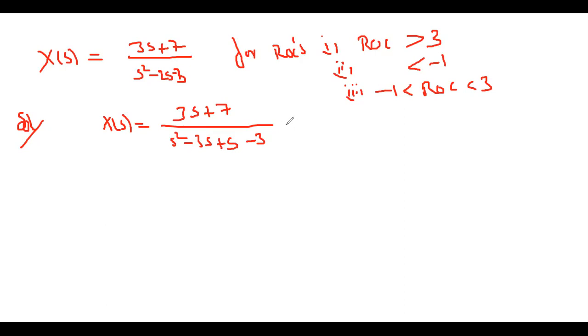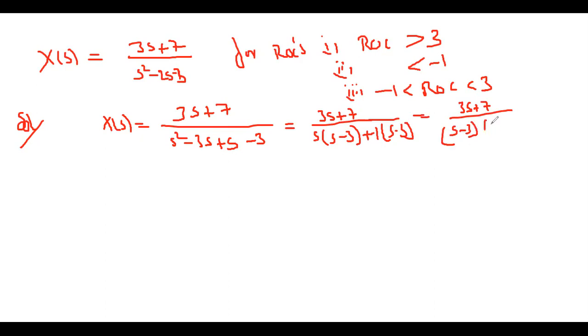Take s as common from the first two terms: s into (s minus 3). For the last two, take 1 as common: (s minus 3). So it becomes 3s plus 7 by (s minus 3) into (s plus 1).